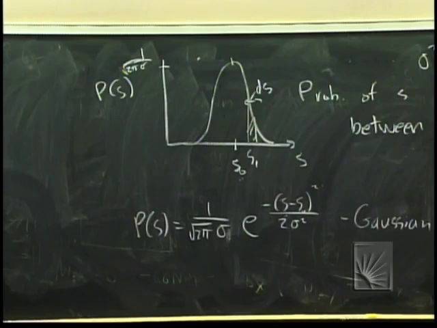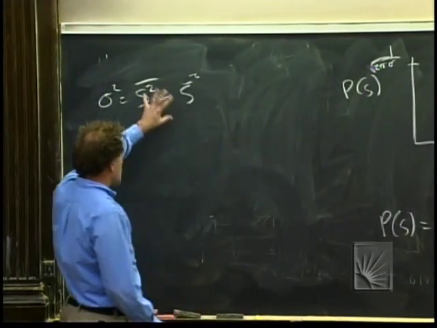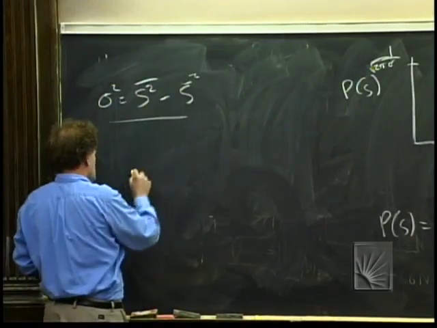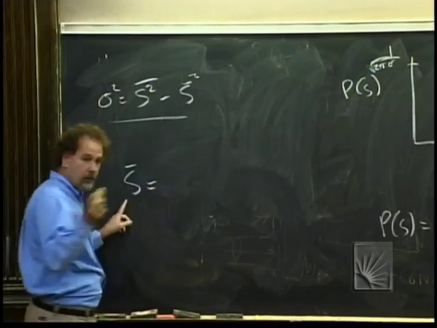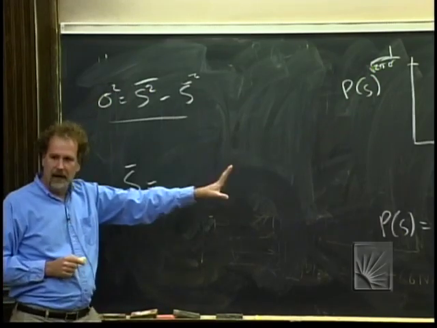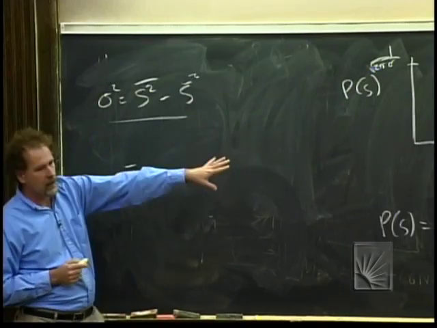I said before that sigma squared is the average of the square minus the square of the average. When these were just discrete numbers, we knew what that meant. If they're not discrete numbers, here's what S average means. And this is important for quantum mechanics, okay? I'm going to come back to it, and you're going to see it again. It's going to be in homework and exams, but let's just do it now.